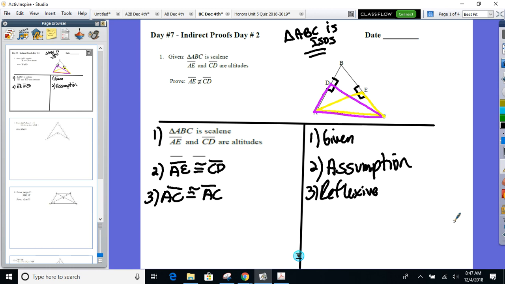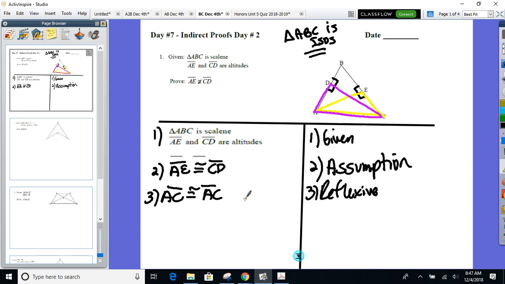Anybody see the problem we're going to run into? Is the right angle in between these two sides? Does everyone see that? The right angle is not in between those two sides, so it's not side angle side. Wait a second. How many methods do we have? 5. It might not be side angle side, but what type of triangle is it? Settle down. What type of triangle is it? It's a right triangle. What can I always use in a right triangle if I can?